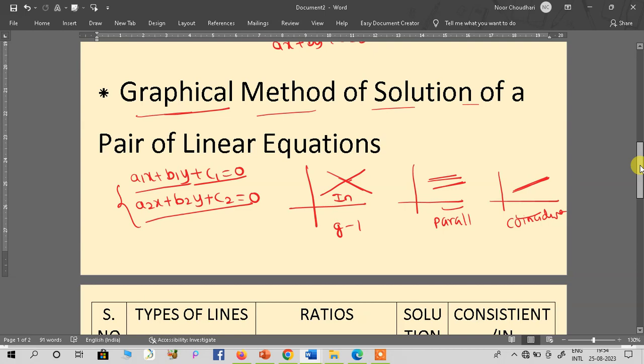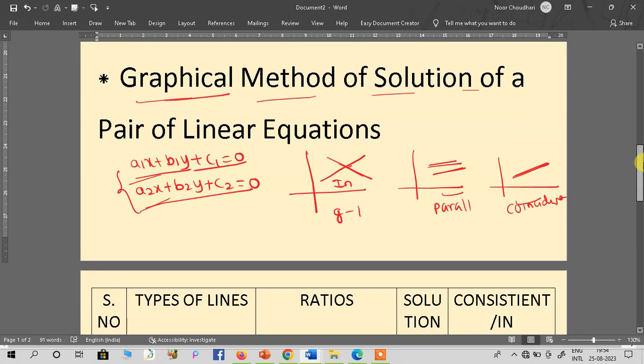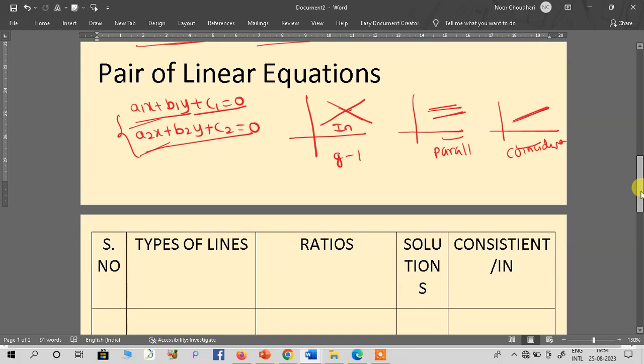One question I can ask you: if we cannot draw a graph for the equations I have taken, can we still say whether they are intersecting, parallel or coincident? Is it possible? If it is possible, then tell me in the comment section.